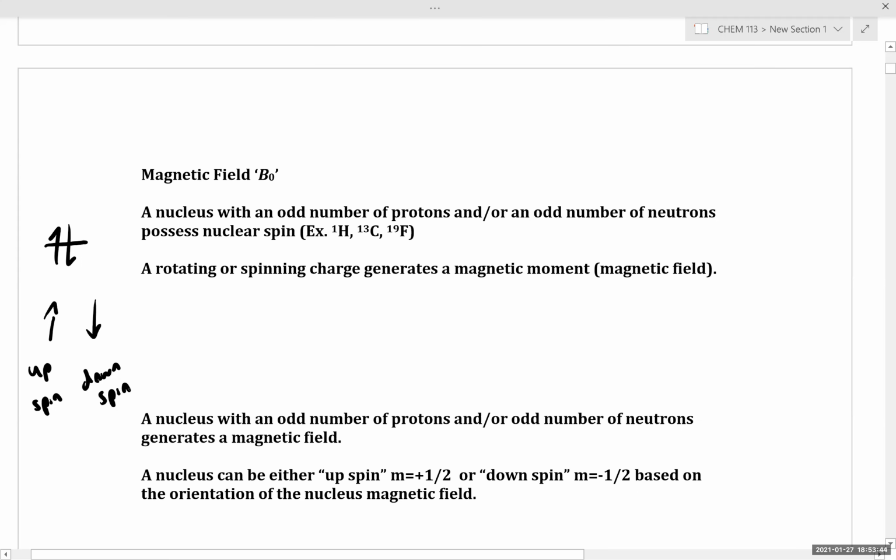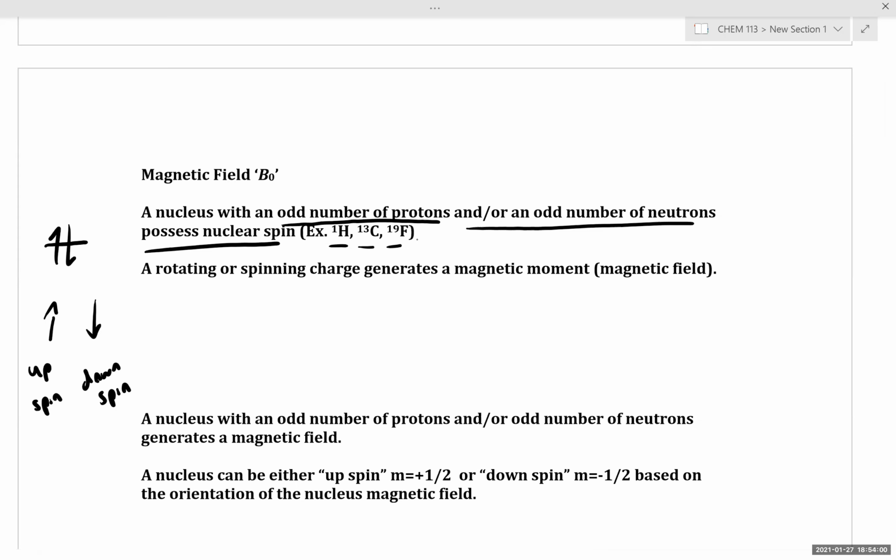A nucleus with an odd number of protons and/or an odd number of neutrons possesses nuclear spin. So H-1, C-13, fluorine-19, these are all NMR active nuclei. Where does the word spin come from?